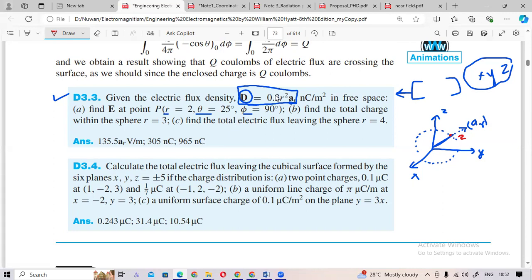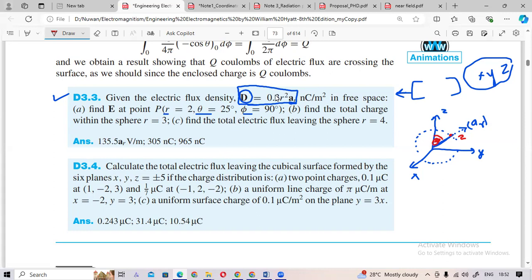And theta is the angle of this R with the Z axis. So this is the theta.